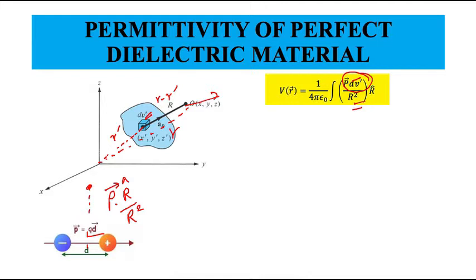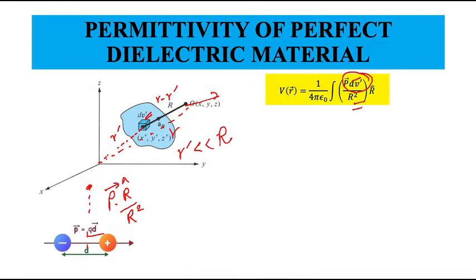In other words, the magnitude of r dash is very small compared to capital R. This is quite realistic in many cases that we will be considering. Therefore, we can make this approximation and obtain the potential as going like 1 by r square. Okay, so this is my potential.